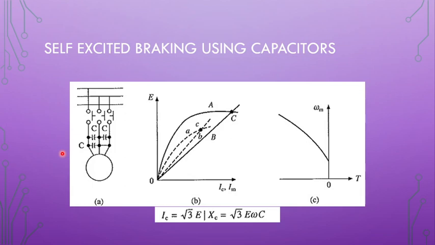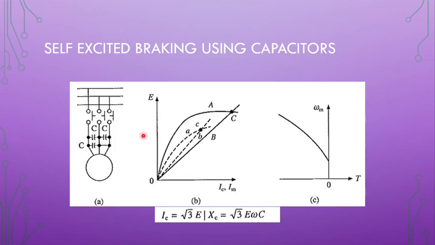Now this curve A, what is shown here, is something similar to the open circuit characteristics and short circuit characteristics of a synchronous generator, but we are obtaining that characteristic for an induction motor because of the presence of these capacitors. When the motor is disconnected from the supply, this will work like a self-excited generator on no load, and then slowly the capacitor discharges.